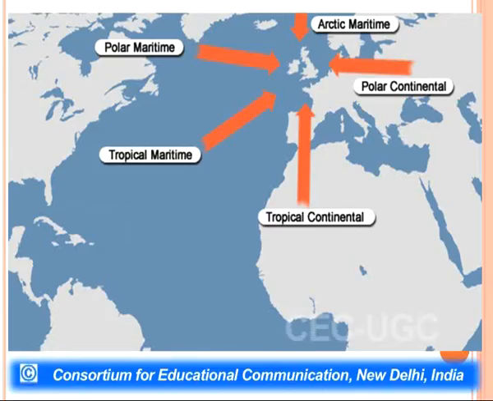The Eurasian plain is the largest plain in the world. So that provides a very unique condition for the formation of continental polar air mass in the winter season in the Europe continent. After the formation, when the air mass extends over the latitudinal extension, it is affected by the difference of temperature.